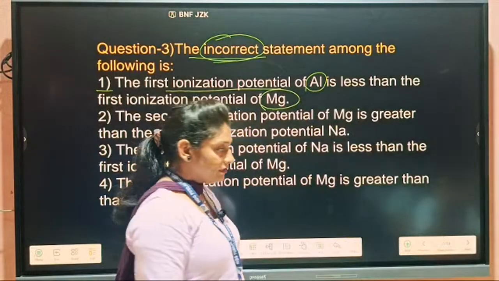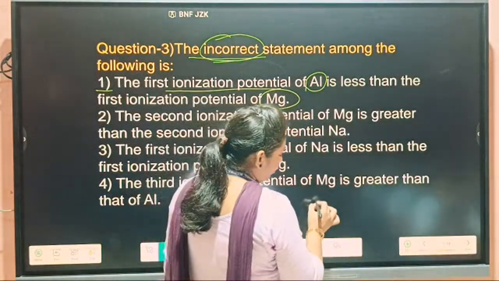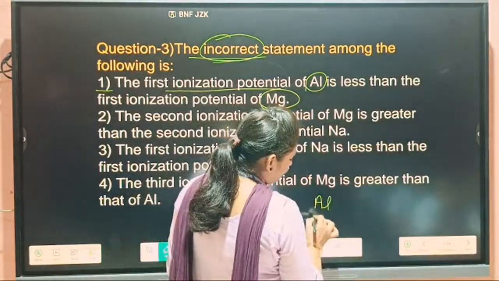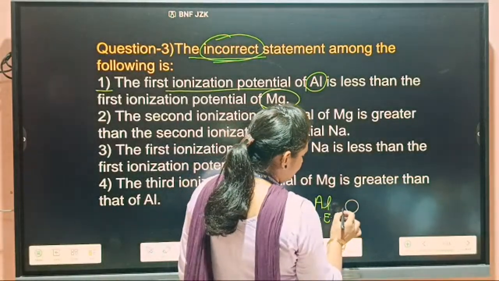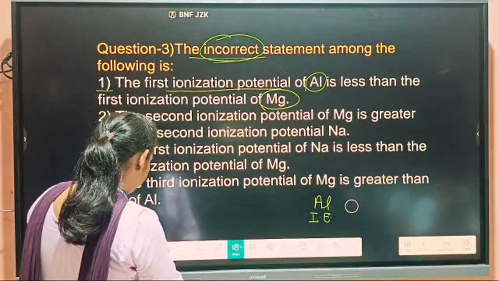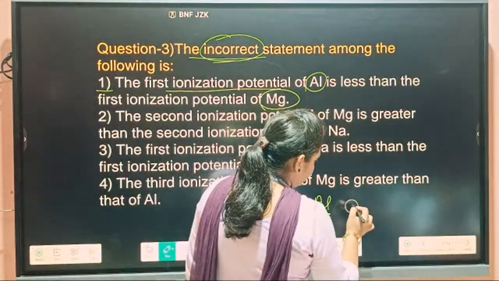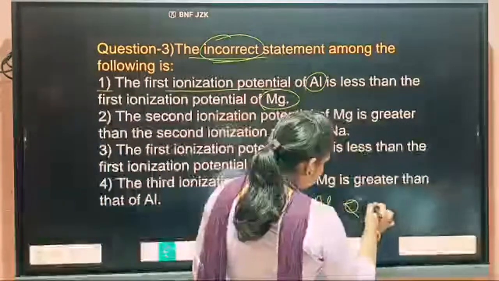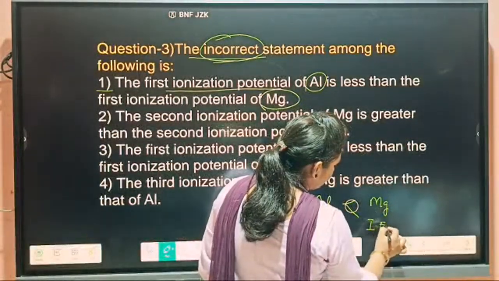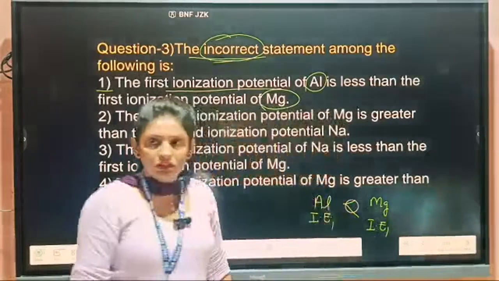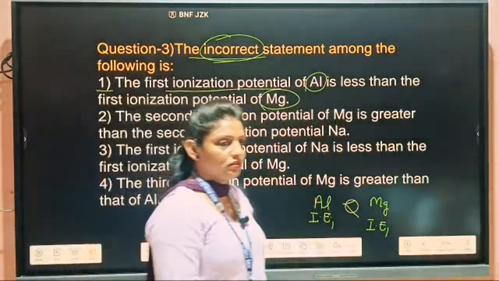He is saying that the first ionization enthalpy of aluminium is less than the first ionization enthalpy of magnesium. So is this one right or wrong?